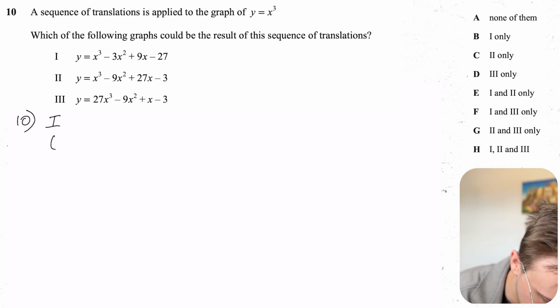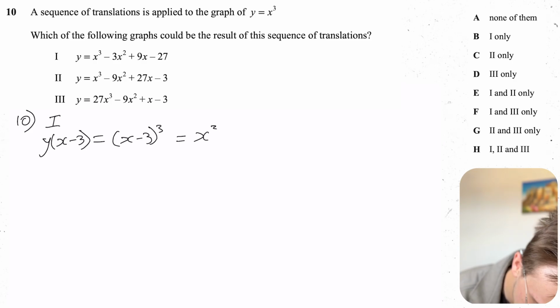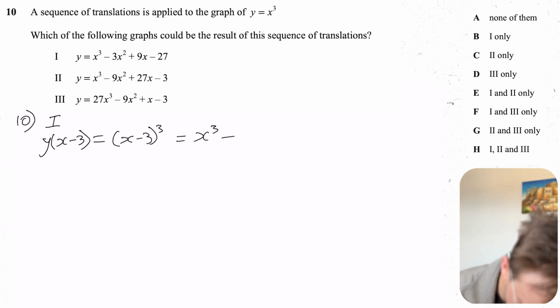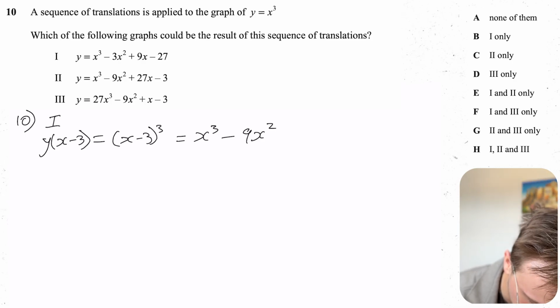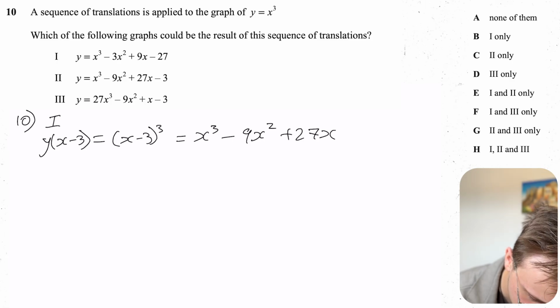So let's go with y of x minus 3, which is equal to x minus 3 cubed, so x cubed minus 3 times 3, so that would be minus 9x squared, not quite what I wanted, plus 27x, and then minus 27.